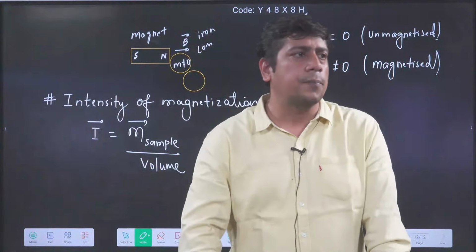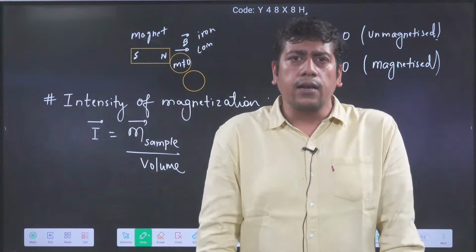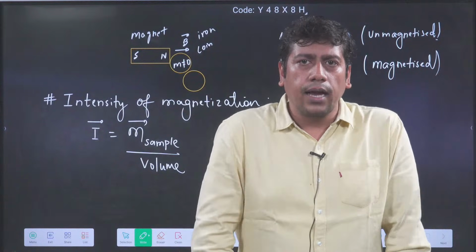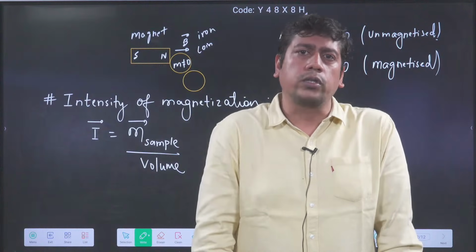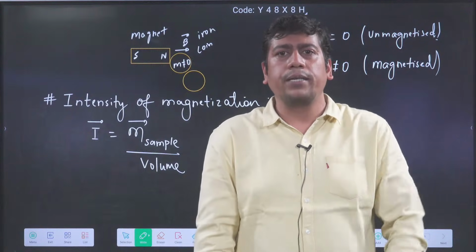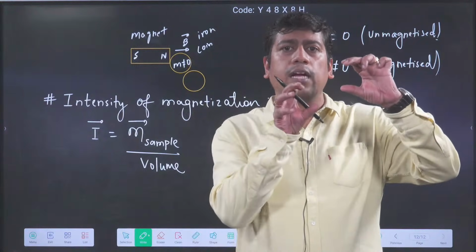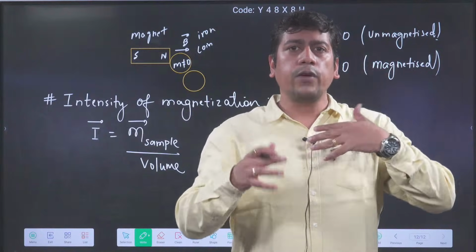Like, if I give you an example, if I take an iron coin and a copper coin and place both in the same magnetic field. Means you take a magnet, you take an iron coin, you take a copper coin. Which one will get magnetized more?